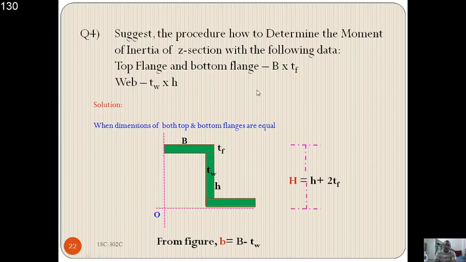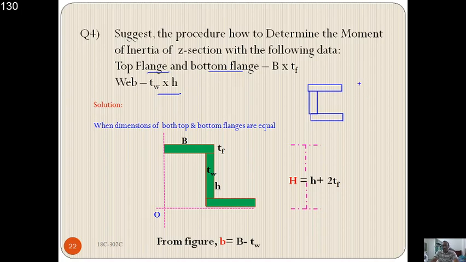Now take another section, that is the z section. Suggest the procedure to determine the moment of inertia of the z section with the following data. If you compare the channel section and z section, both have the top length and bottom length. For the channel section, let us assume that these are the channel section components.